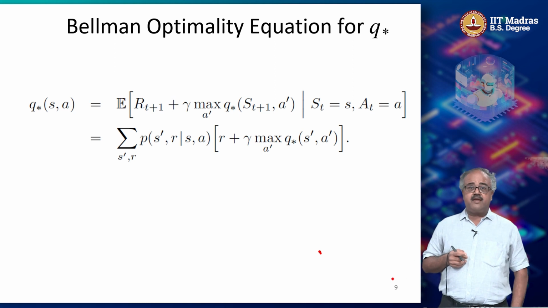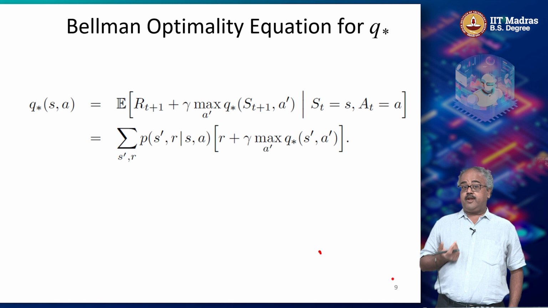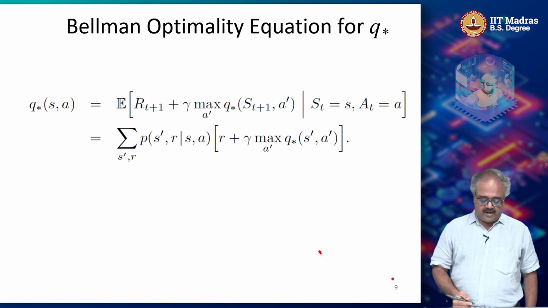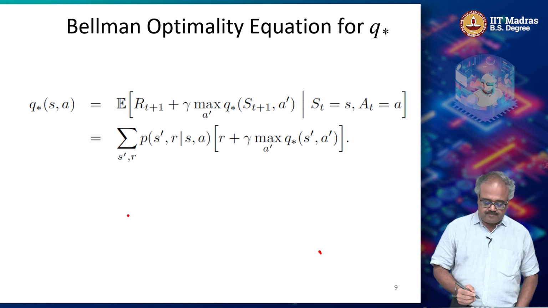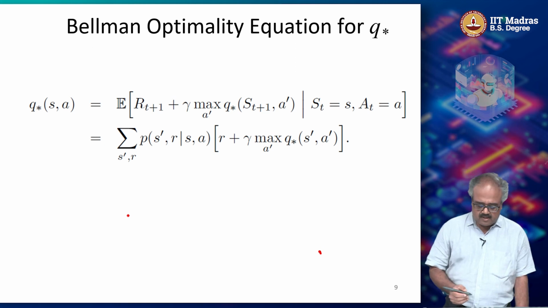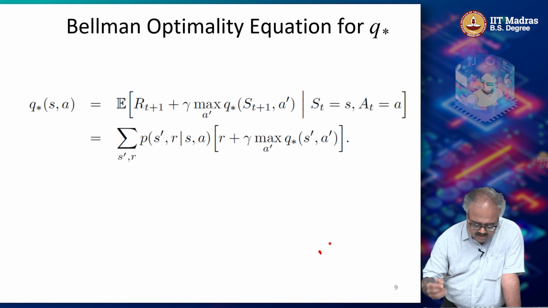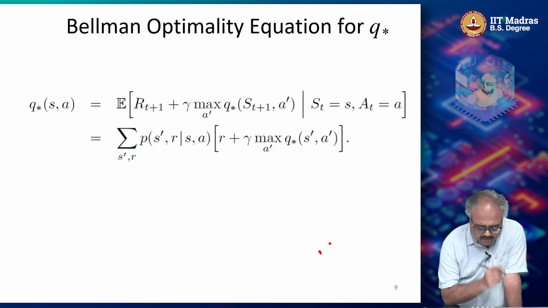So likewise, just like we wrote an optimality equation for V star, we can write an optimality equation for Q star, right? So what is the optimality equation for Q star? You have to think about the steps that we have to look at here.